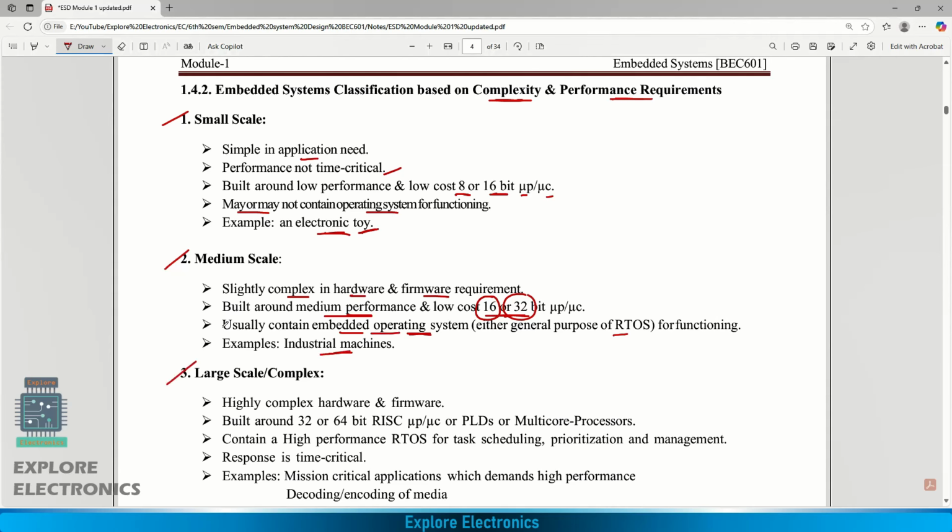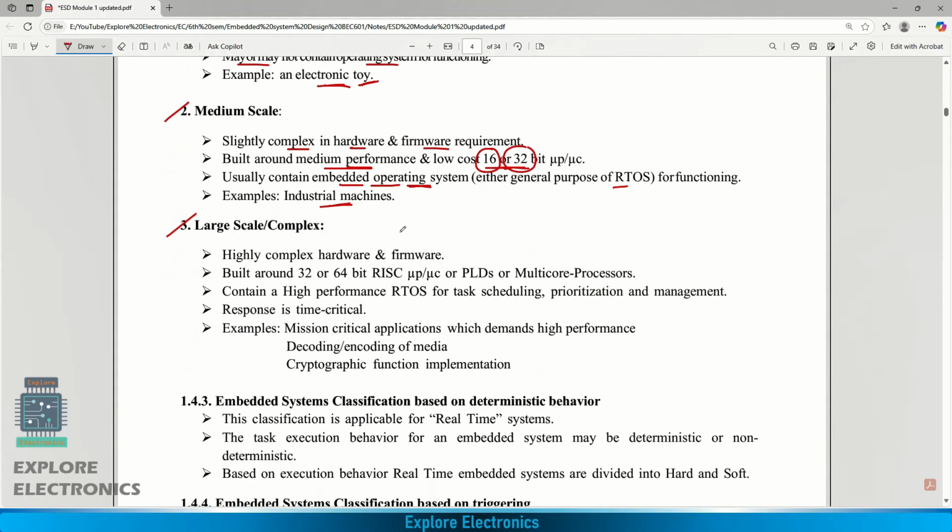Then comes large scale or complex embedded systems. Here 32-bit or 64-bit processors are required, since it will operate a bit faster and the firmware and hardware it consists of are a bit complex. It may consist of multi-core processors. Multi-core processor means a single processor consisting of two to three internal processors.